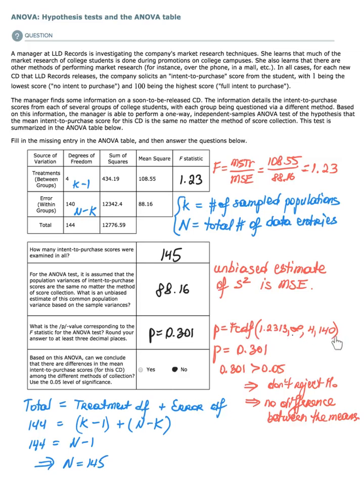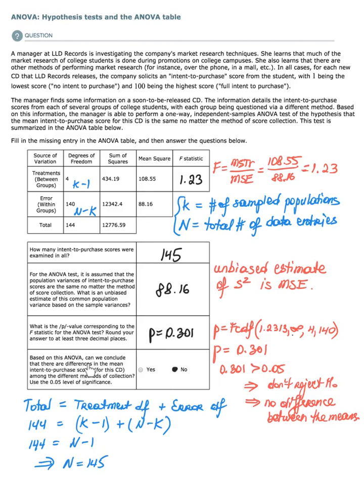This function on the calculator produces 301 thousandths. Because 301 thousandths is greater than the 5% significance level, we do not have evidence against the null hypothesis and we do not reject it. What does it mean?